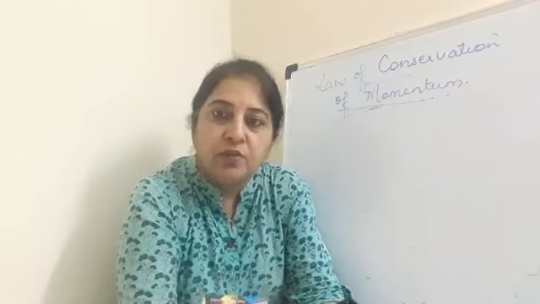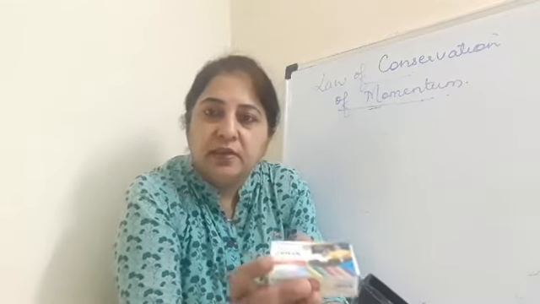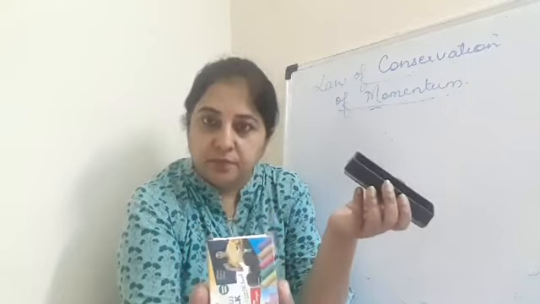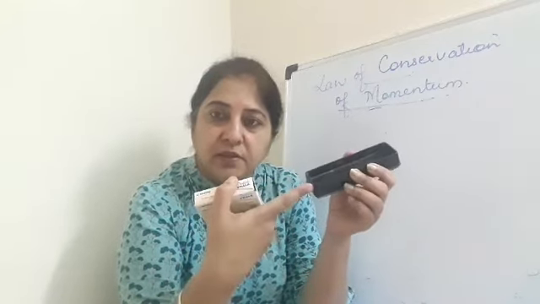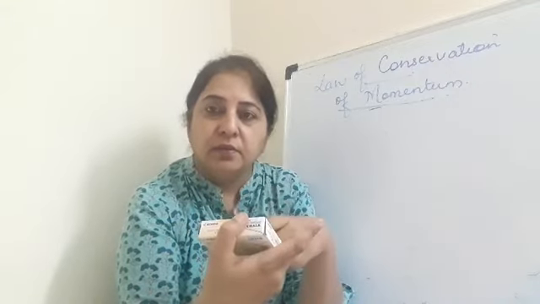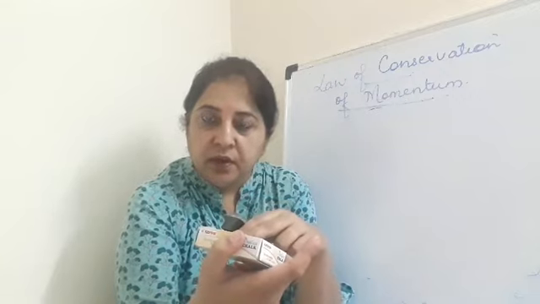So these are the points which you have to remember: when two objects interact or collide with each other, there will be a change in the momentum, right? Now, what will be the change? One object will lose momentum and the other object will gain momentum. The amount of momentum lost by one object will be equal to the amount gained by another object, right?